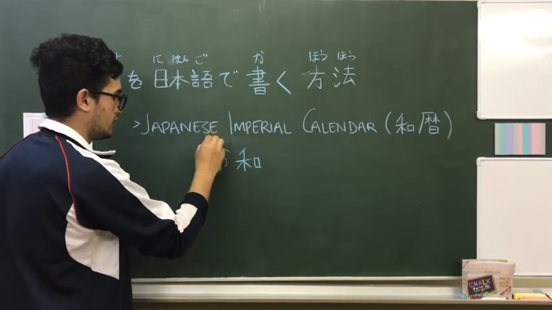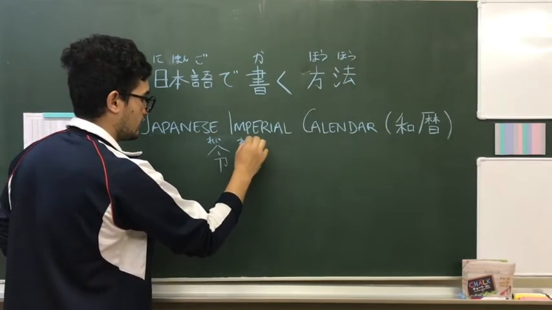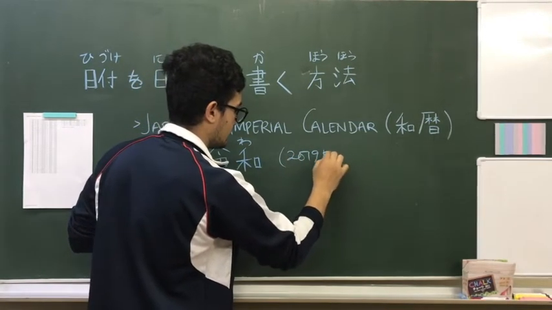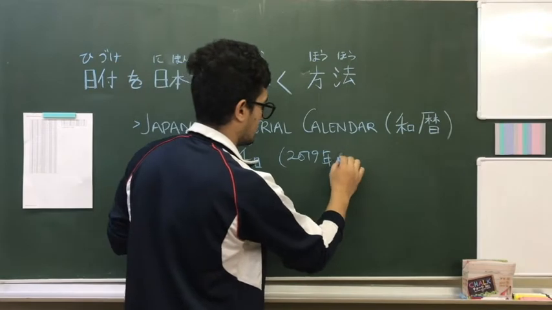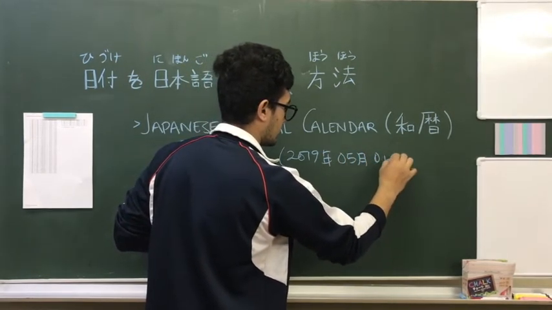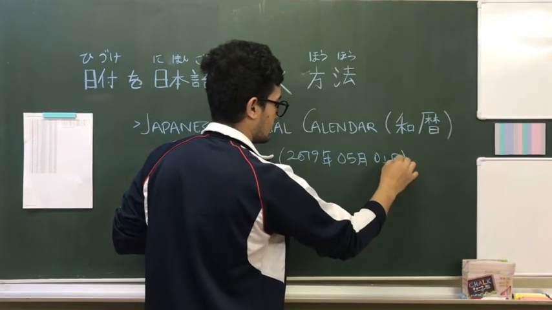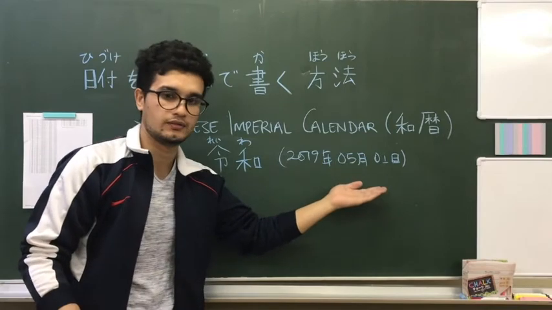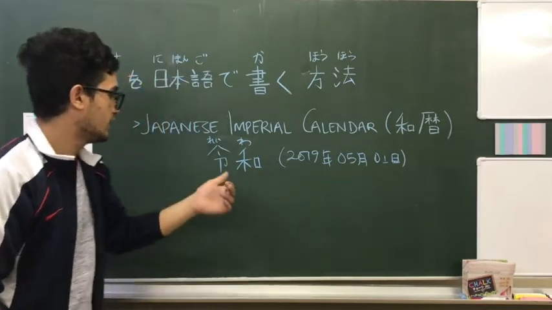This is Reiwa. And it changed in the year 2019, May 1st. So the new emperor ascended the throne on this day, and from this day Reiwa started.